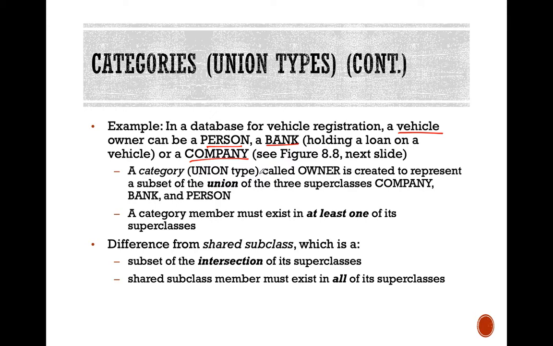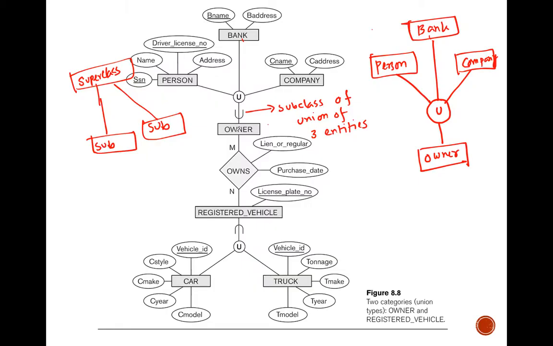The category or union type owner is created to represent a subset of the union of these three superclasses: company, bank, and person. And a category member must exist in at least one of these superclasses, which means the owner has to be either a person, bank, or company.